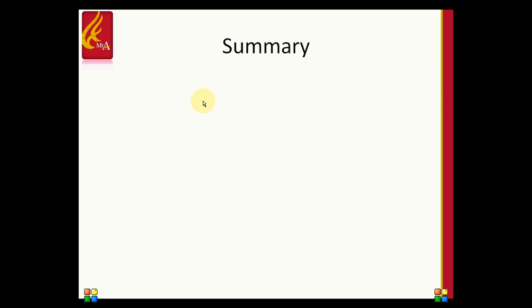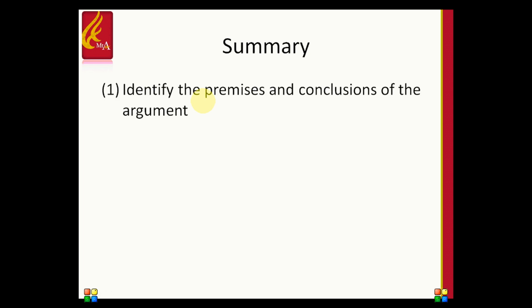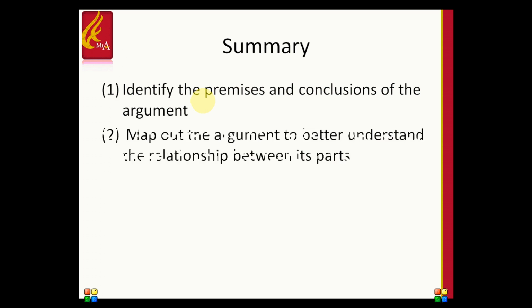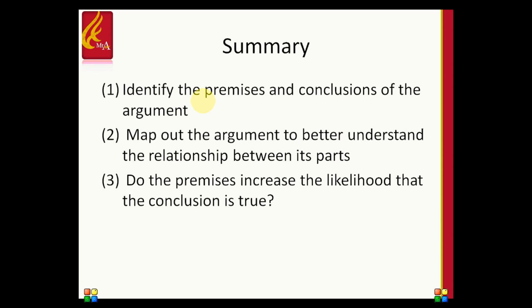So just to summarize, once you know what an argument is, you want to be able to identify the premises and conclusion. Next, you want to map out the argument to better understand what the relationship between its parts is, so it makes it easier to then scrutinize and evaluate. You want to, in general, ask yourself, do the premises that are presented increase the likelihood that the conclusion they're supporting is true?